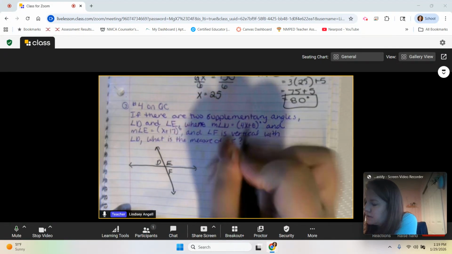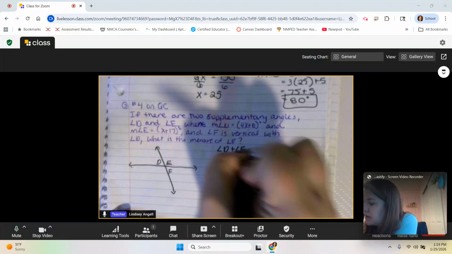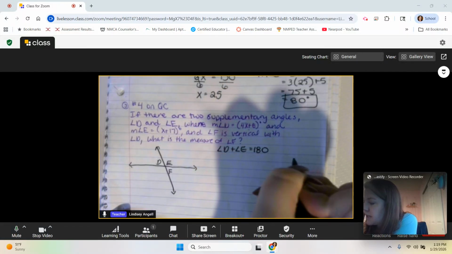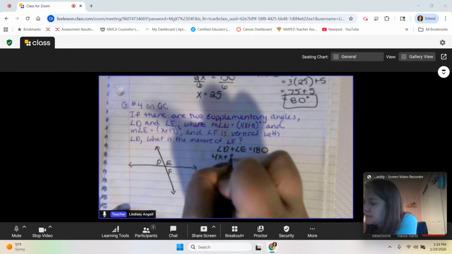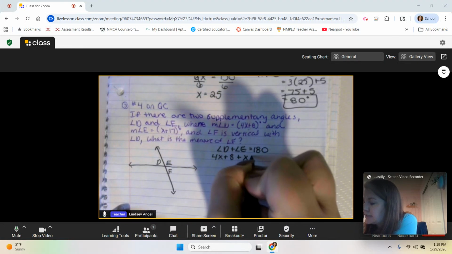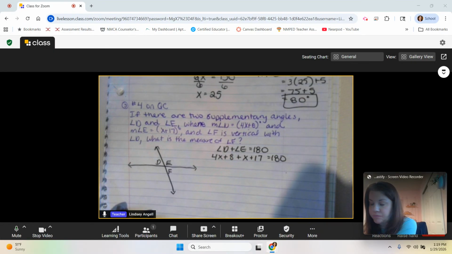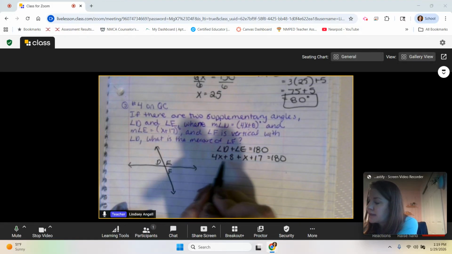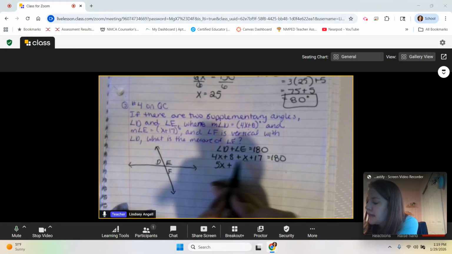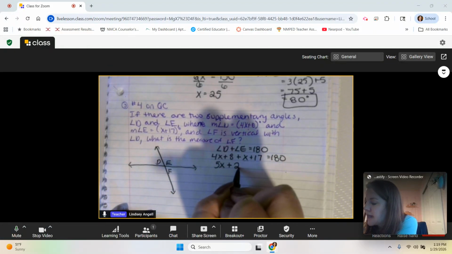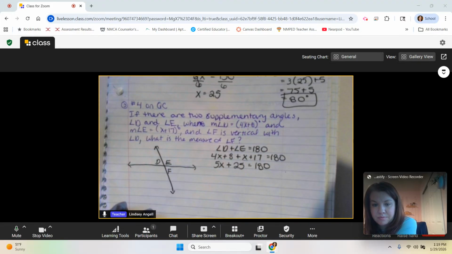So we can add angle D plus angle E equals 180. So we've got 4x plus 8 plus x plus 17 is all equal to 180 degrees. So let's see, 4x plus another x gives us 5x plus, and then 8 plus 17, what's that, 25, equals 180.